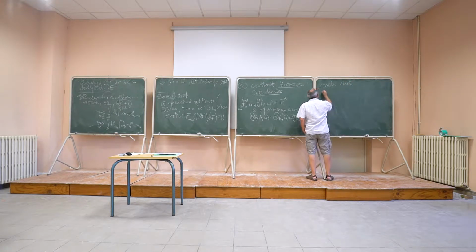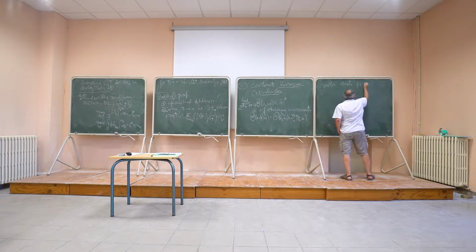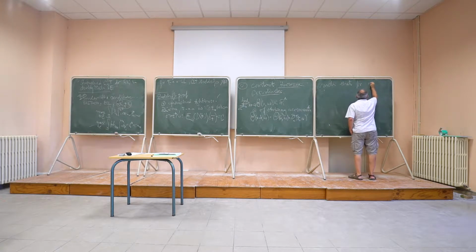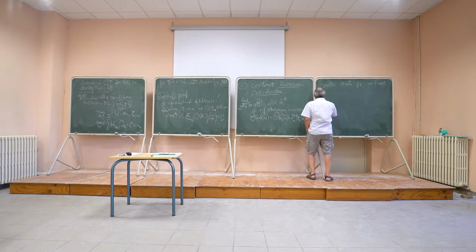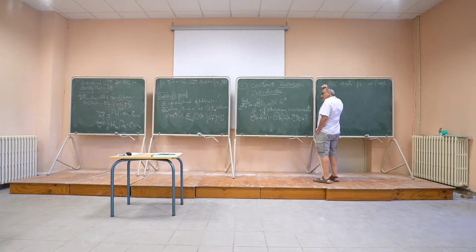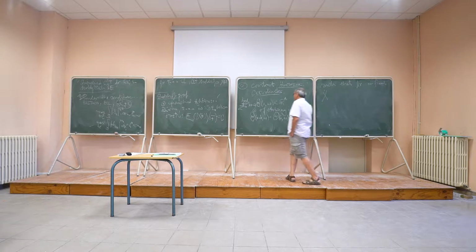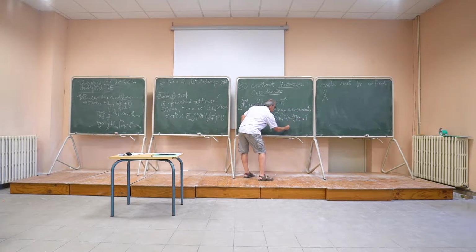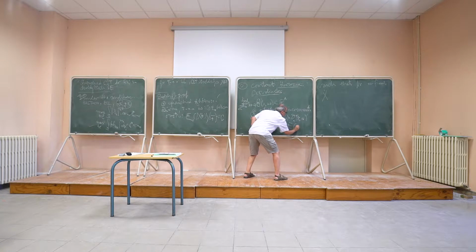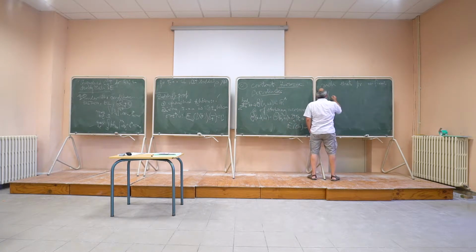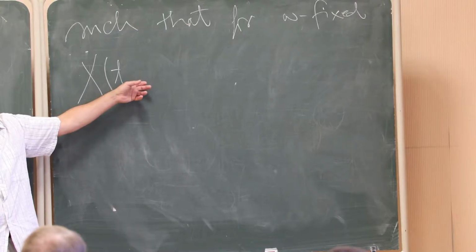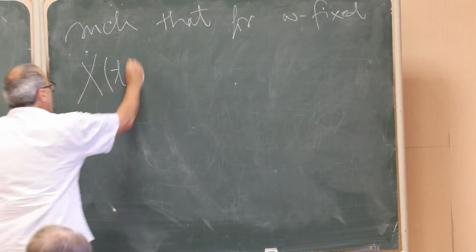such that for all omega, for omega fixed, and this is zero mean, of course, zero mean. Let me say this way: X_t, I may put here an omega, but I don't put, because it depends also on the environment, right?